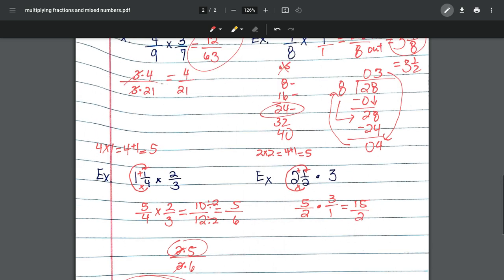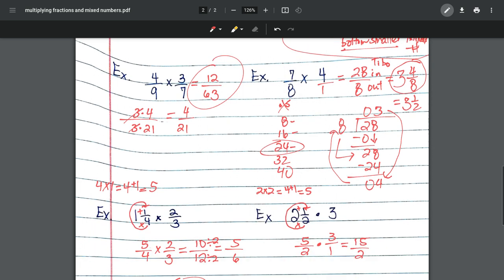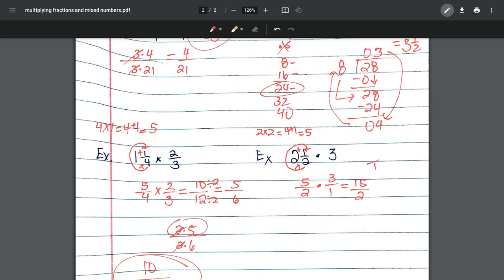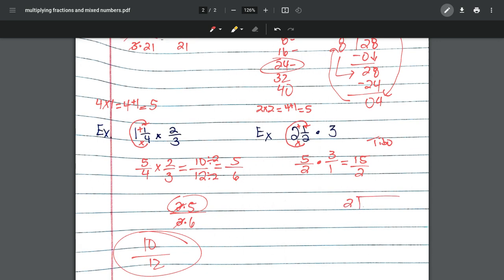Well, this goes back to this, 15 over 2. Your top number is larger than your bottom one. Top number is larger, bottom number is smaller. So I want you to TIBO and change it to a mixed number for me. Top in, bottom out.